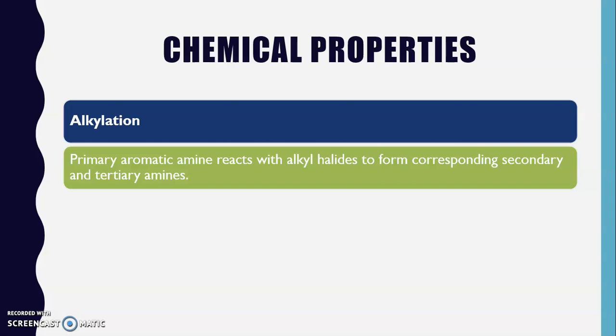Primary aromatic amines on reaction with alkyl halides are converted into the corresponding secondary and tertiary amines. So, here we will get a mixture of secondary and tertiary amines. Primary aromatic amines are converted into secondary amines, and further secondary amines are converted into tertiary amines.